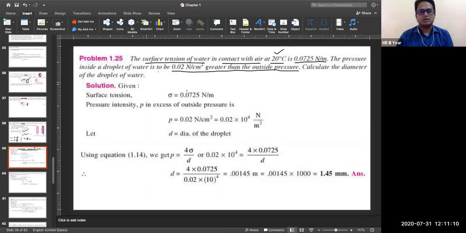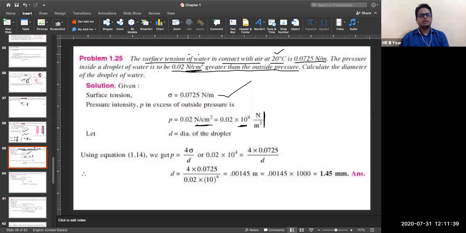So simple. Sigma is given, that is your surface tension. Pressure is given, but you have to see here, it is given in Newton per centimeter square. So you have to convert it into Newton per meter square. For that, you need to multiply it by 10 raised to the power 4. So you will get the pressure also. Now you have to determine D. Which formula will you use?